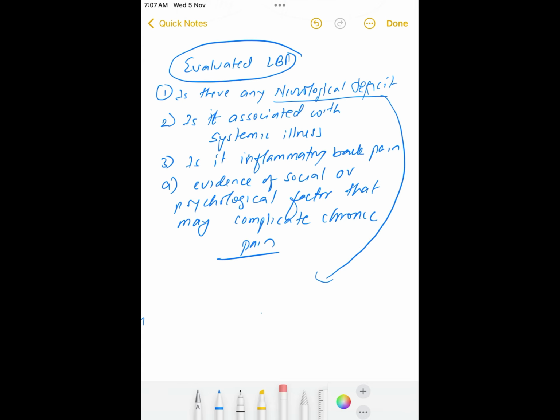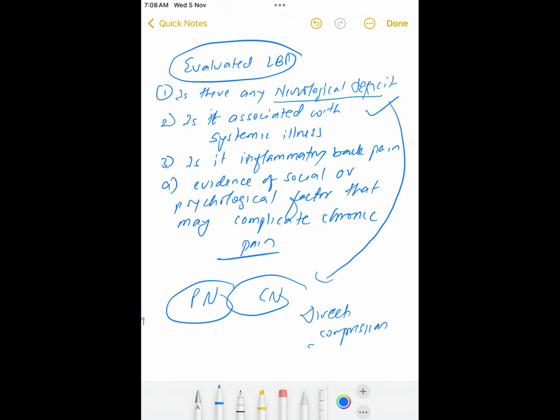If there is a neurological deficit, that means some peripheral nerve or the central nerve is compressed. There might be direct compression of our spinal cord or spinal nerve root, which may be causing our pain. So this is serious, and we have to look for imaging.